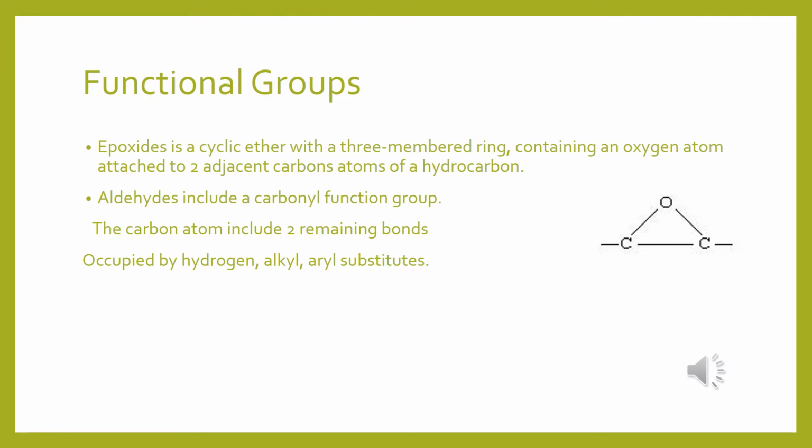Epoxides are cyclic ethers with a three-membered ring containing an oxygen atom attached to two adjacent carbon atoms of a hydrocarbon. Aldehydes include a carbonyl functional group. The carbon atom has two remaining bonds occupied by hydrogen, alkyl, or aryl substituents.